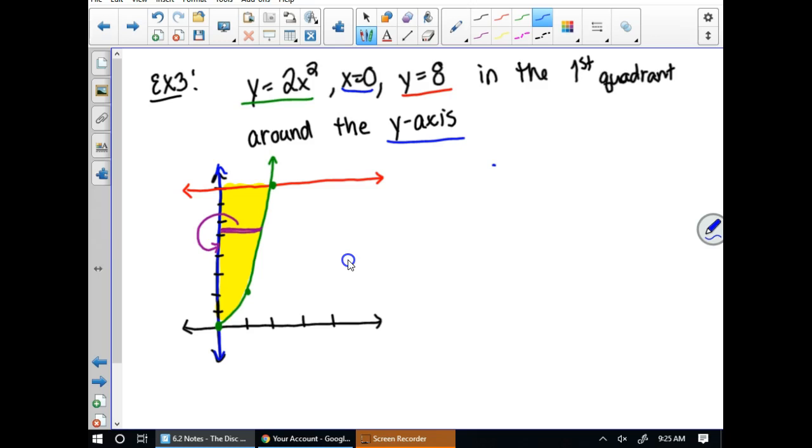So for this, we're going to do pi times the integral of, and we're going to run into some trouble here because this has to be in terms of y. So y equals 2x squared is not currently in terms of y. So we're going to take y equals 2x squared and divide by 2.